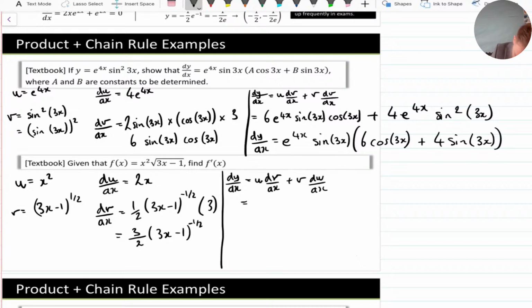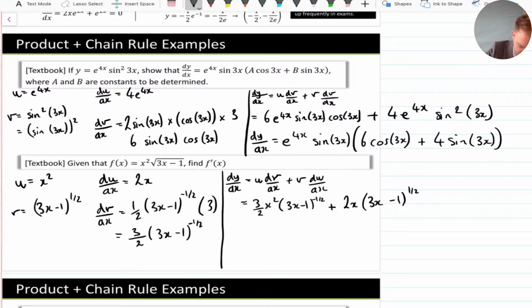So it's going to be 3 over 2 x squared times by 3x minus 1 all to the minus a half, plus the v, which is this part here, times by du, so it's going to be 2x times by 3x minus 1 all to the power of a positive half. Now you can probably take out a common factor of x. I'm going to leave it like that for now. I haven't asked me to do anything else, so that's fine.